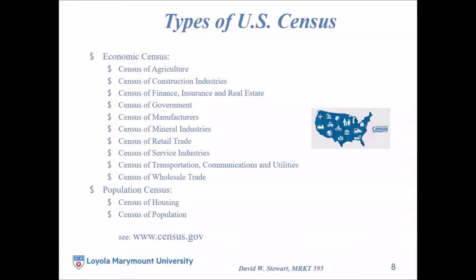We're all familiar with the census, and we're about to have another decennial census coming up early next year. That's where we count everybody. But in fact, that's only one of many censuses that the Census Bureau does. They do a census of agriculture.